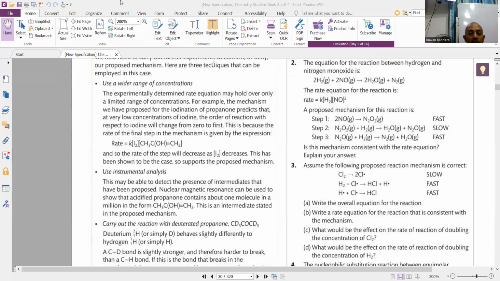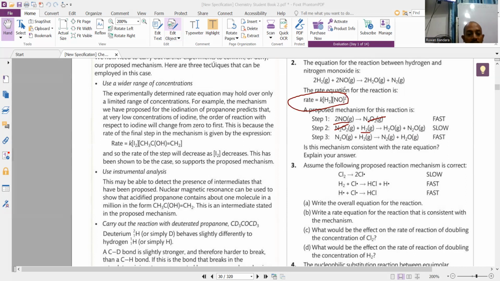Therefore, all the reactants up to the slower step should be there in the rate determining step. That's the explanation. When you add these two steps, this will be cancelled out. So you can see 2 NO and 1 H2, and it is consistent with the rate equation.